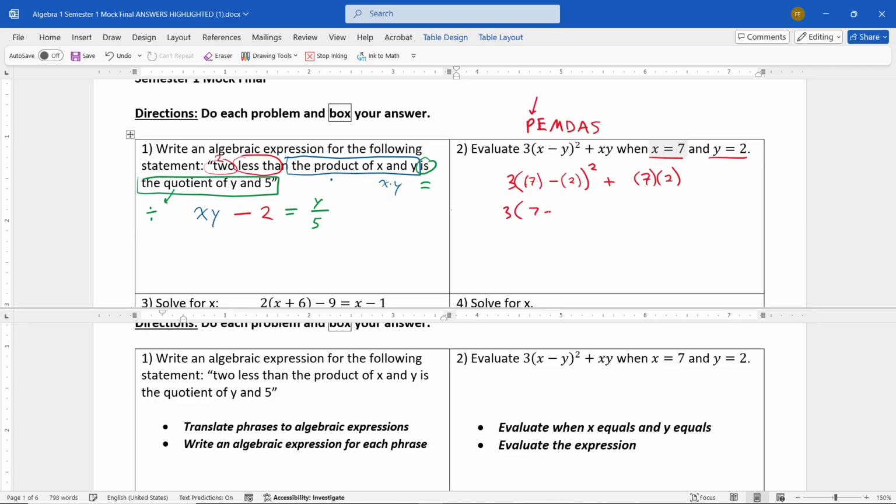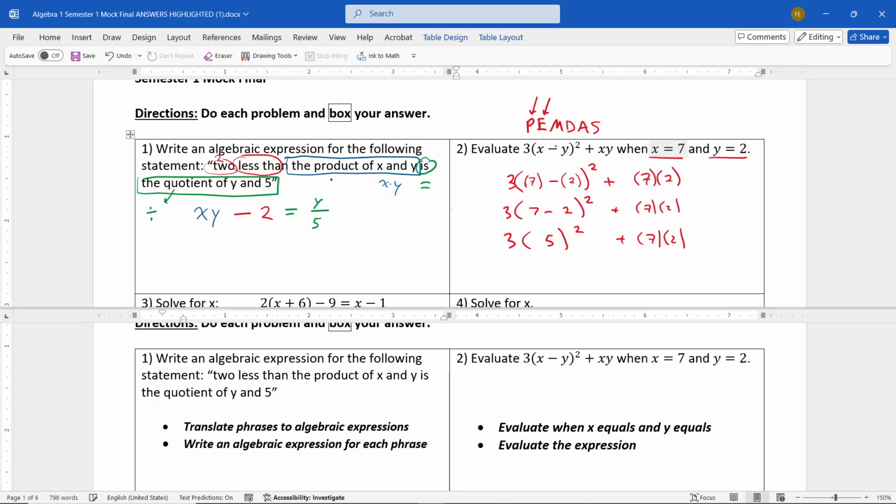So 7 minus 2 needs to be done before multiplying the 3 and before doing the power of 2, because that's an exponent. For now, I'm just going to keep the rest the same, the 7 times 2. All right, 7 minus 2 is 5, so we've got 3 times 5 squared, plus 7 times 2.